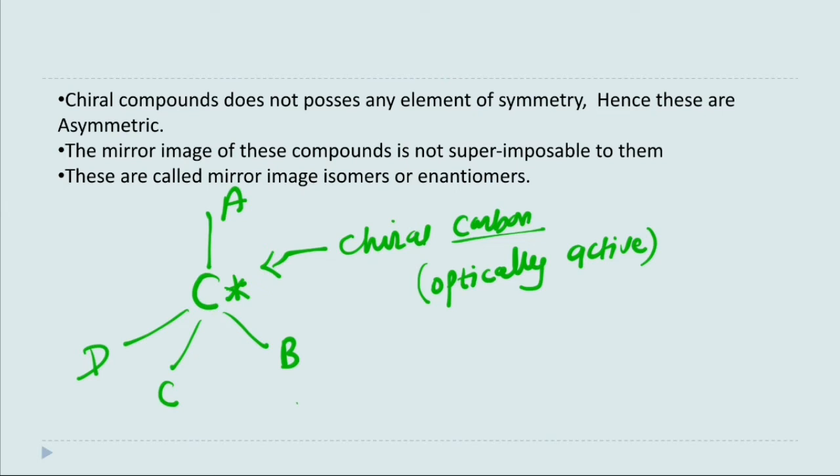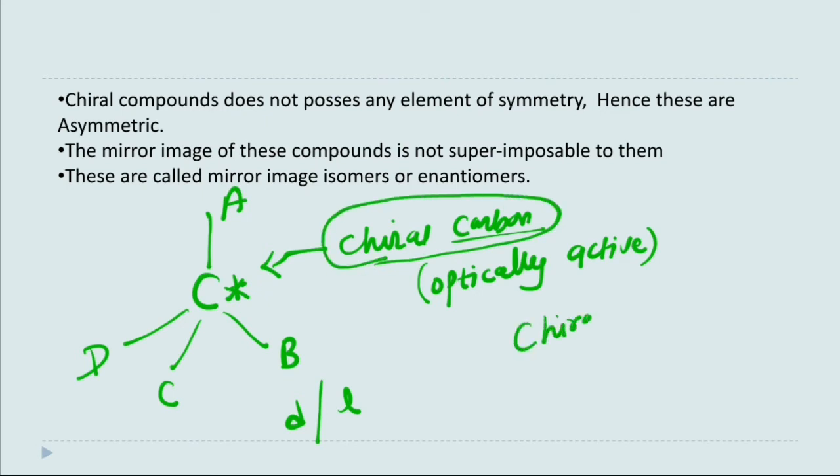That means one form will be D and another form will be L, dextro and levorotatory. Okay, so just remember that chiral carbon is a different thing and chirality is a different thing.